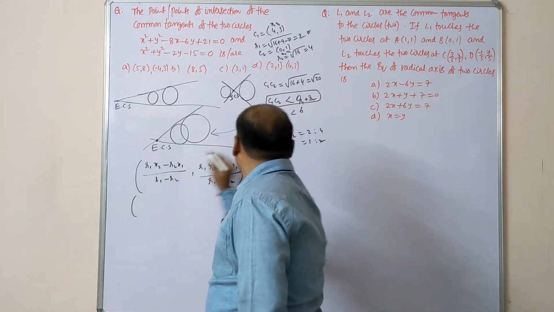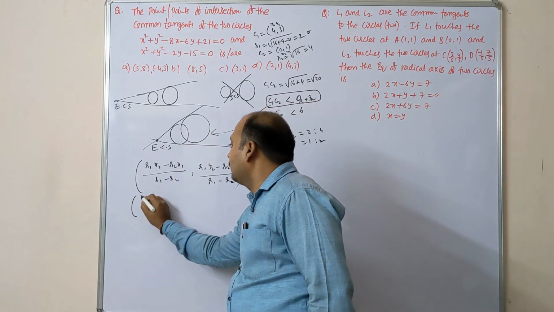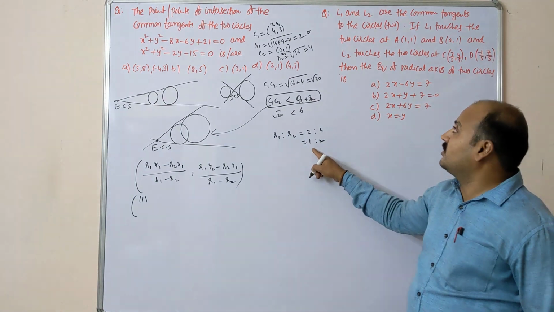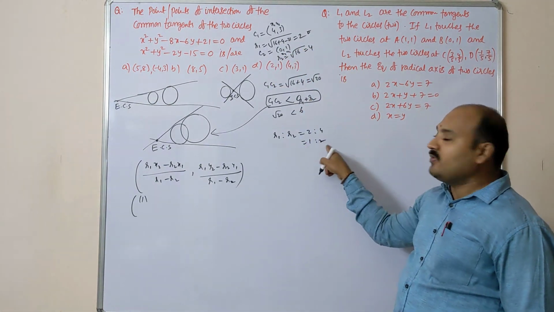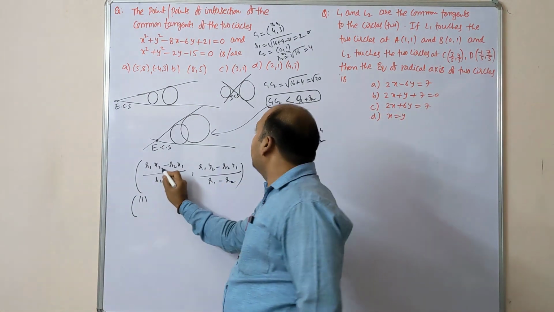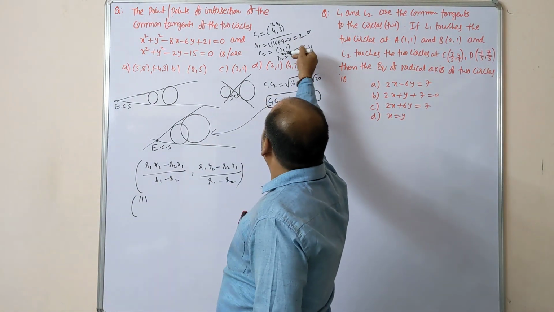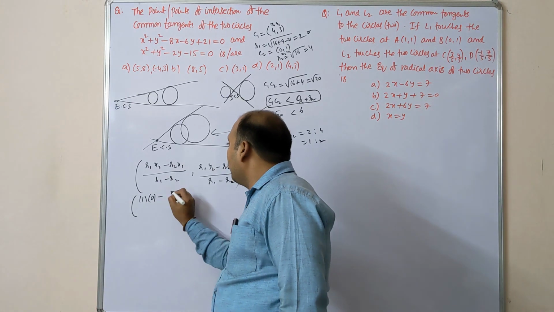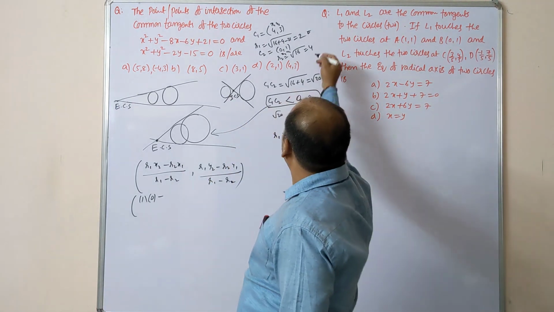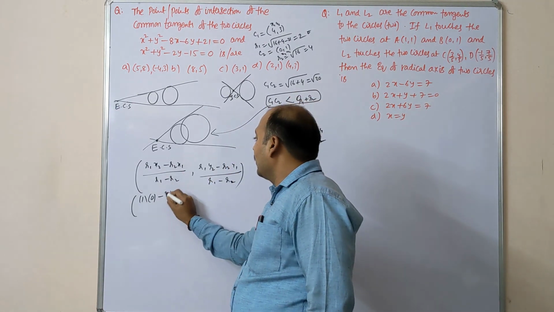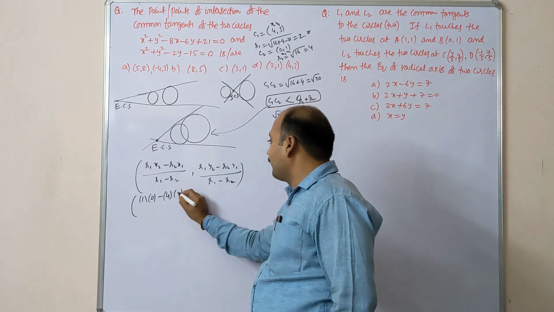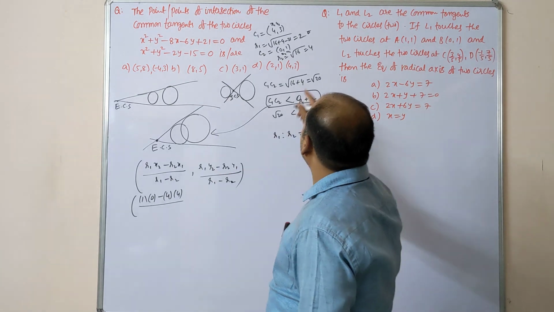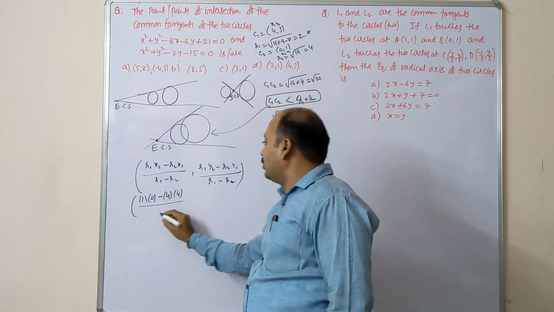R1 value is 1 and R2 value is 2, since 2 is to 4 is 1 is to 2. So 1 into x2, where x2 value is 0, minus R2 value 2 into x1, where x1 value is 4, by R1 minus R2, 1 minus 2.